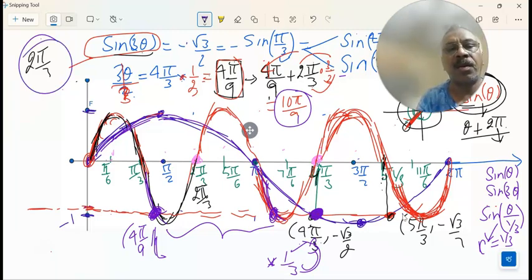You add 2 pi by 3 because the period is 2 pi by 3, and you end up getting this point, which is 10 pi by 9, comma, whatever.